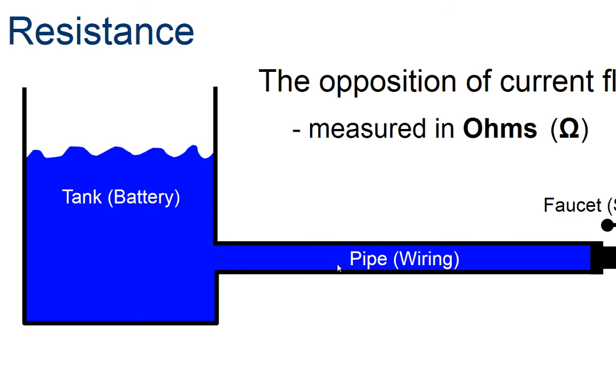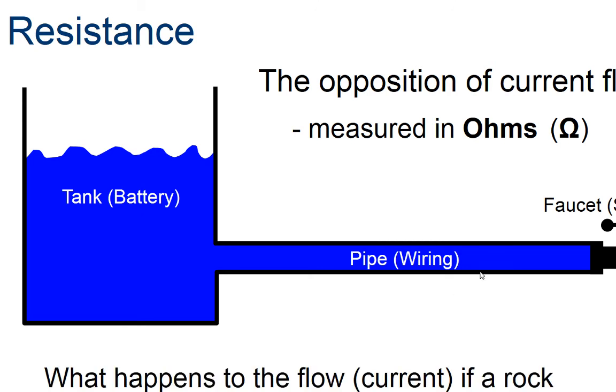Now when we talk about resistance, resistance is measured in ohms, and if there was a rock or a pebble or something that got in this pipe, so we drop a rock in and it gets sucked into the pipe, that's going to reduce the amount of water that's able to go through our faucet. So our flow is decreased. The same thing happens in circuits.